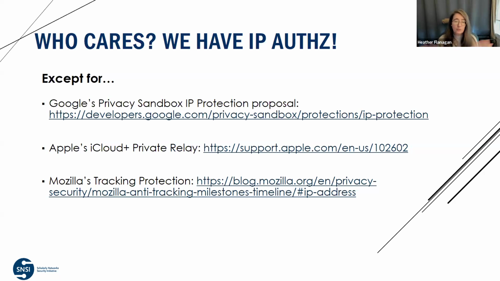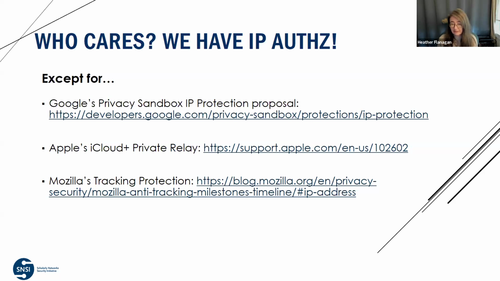So Google has a whole Privacy Sandbox set of proposals underway, one of which is for IP address protection, so that they kind of aggregate the IP addresses from their users so that you can't necessarily identify any given one. Apple actually already did something like that for their iCloud Plus subscribers.